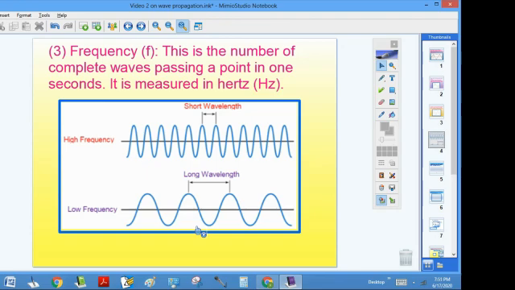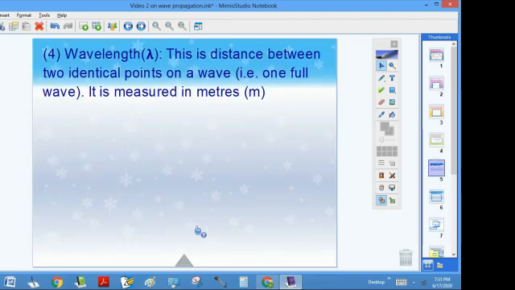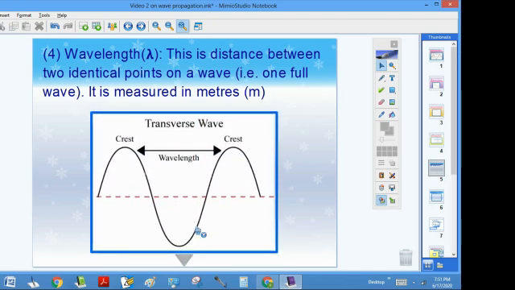Moving forward, we have what we call the wavelength. This is the distance between identical points on a wave. That is one full wave. It is measured in meters, and this describes exactly what we mean: the distance from crest to crest, or from trough to trough, from one point to its identical point along the wave.